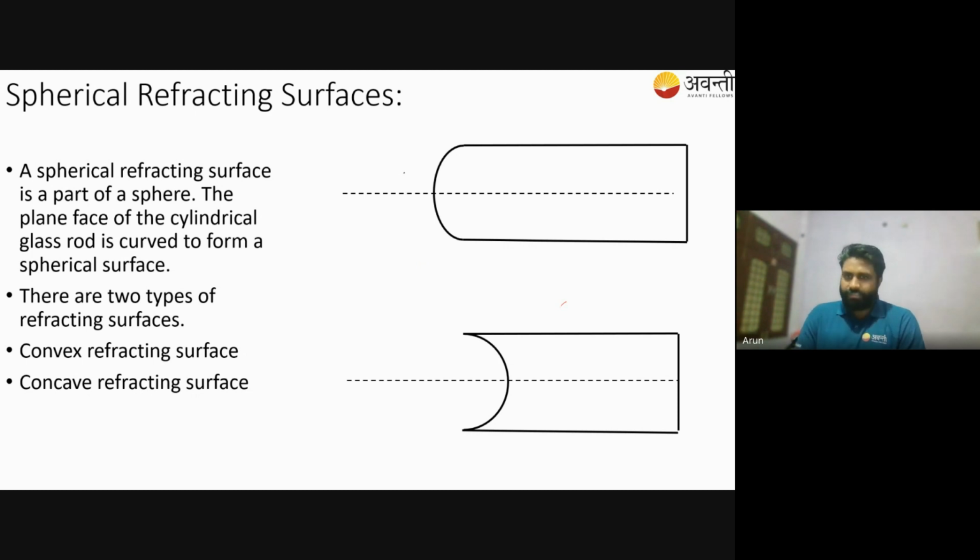First is the convex and second one is concave. If this bulge is going outward, or one thing you can remember: this is the part of a sphere and I'm drawing that sphere. If the center of curvature lies inside the material, that surface is termed as convex.